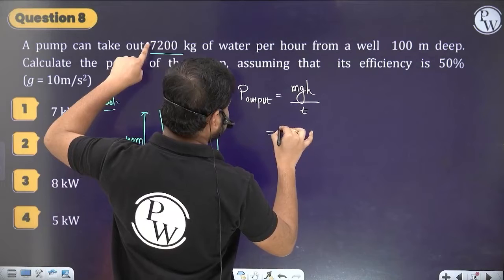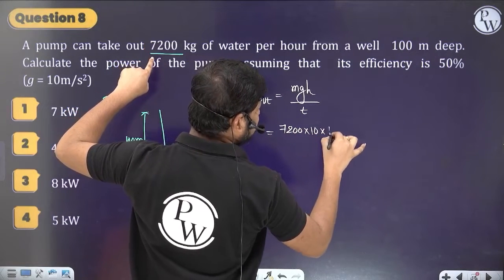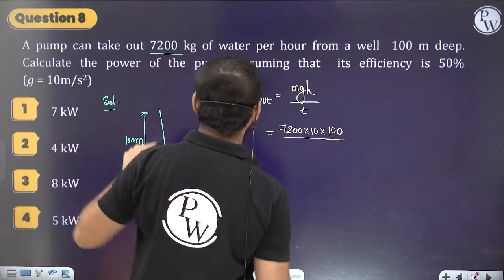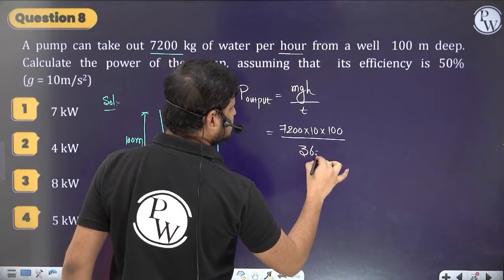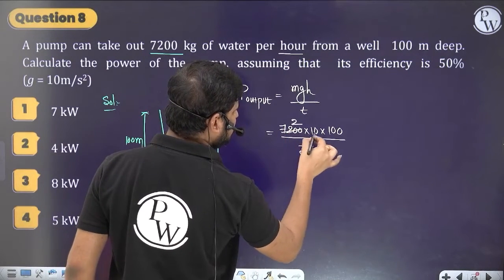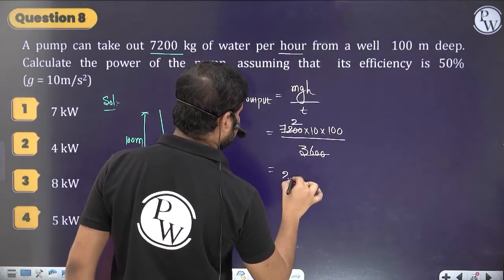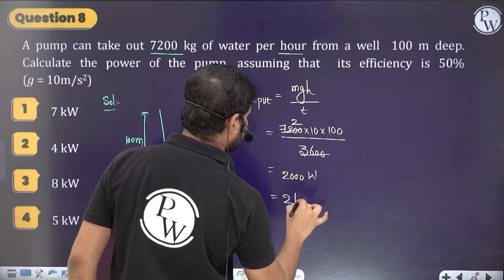What is the mass? 7200 into g 10, from how much height? 100 meters. Time is per hour, so convert it to seconds, 3600. Here 2 times, so 2 into 10, 20, 20 into 100, 2000. So 2000 watts, which is 2 kilowatts.